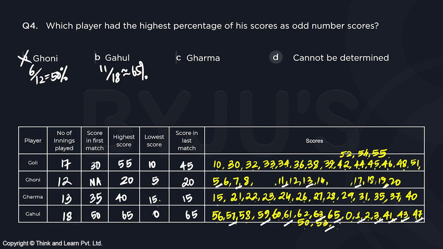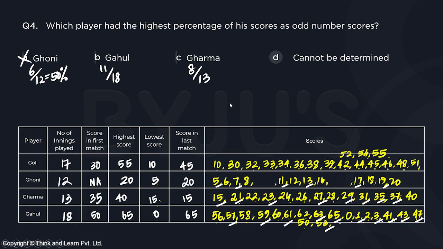Then Gharma, we have got 1, 2, 3, 4, 5, 6, 7, 8. So this is 8 out of 13. Had this been 8 out of 12, this would have been exactly 66%, so definitely it's going to be less than 66%. Now we need to compare 11 by 18 and 8 by 13 to see which one gives us the answer.